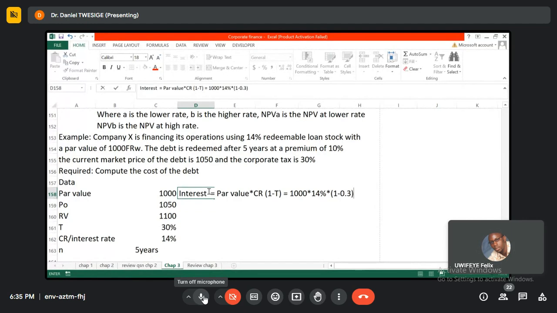What is the coupon rate? Coupon rate and interest rate mean the same, but on a bond you always use the word coupon rate.